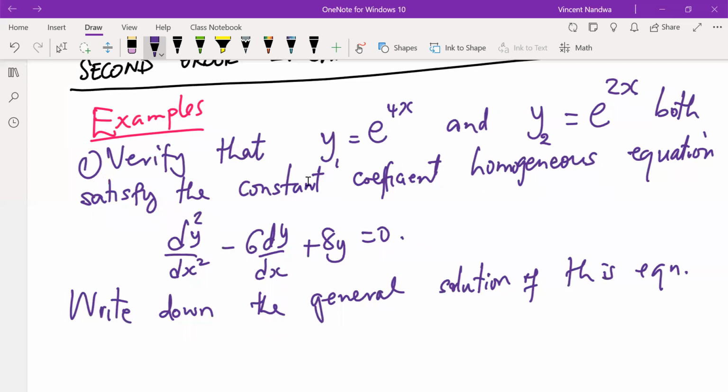Now, to prove that y1 is a solution to this equation, we simply differentiate y1 twice and then replace into the differential equation to see whether the left-hand side is equal to 0.